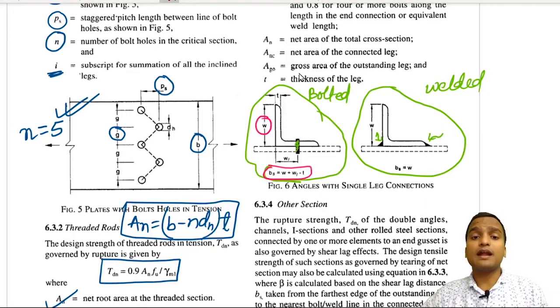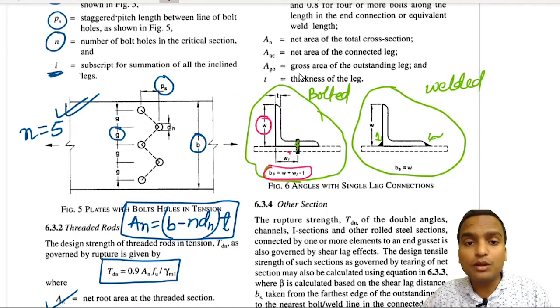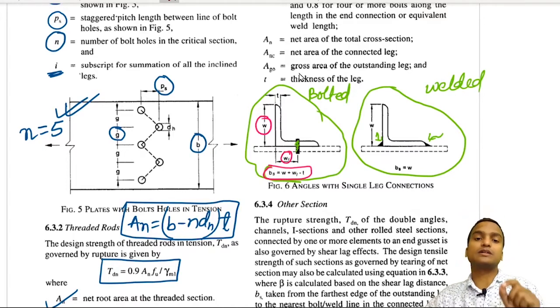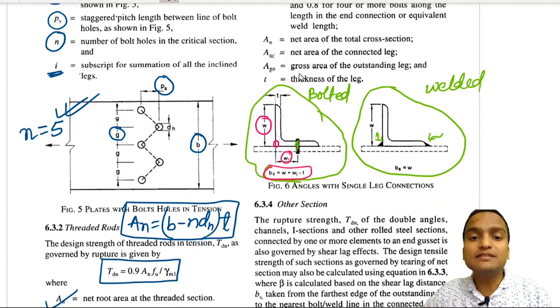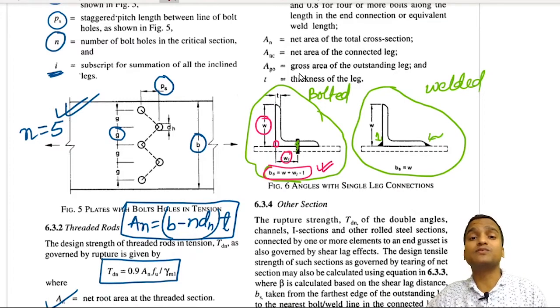So w is the outstanding leg width, and bs is the shear leg width, which is equal to w plus wl, where wl is the distance between the bolts to the root of the angle section, minus the thickness of the angle section. This calculation of bs is very important in case of bolted connection of single angles, because most of the time you encounter bolted connections.